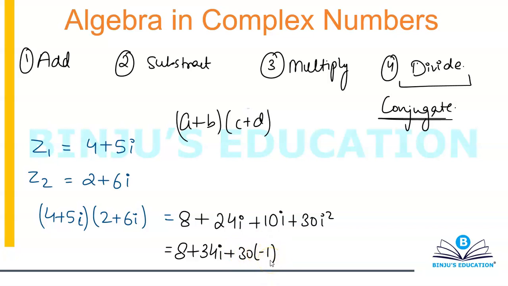What is 30 into minus 1? Minus 30. Minus 30 and plus 8 is minus 22. So this is minus 22 plus 34 iota. And that's your answer. So addition, subtraction, multiplication are quite simple. Nothing fancy about it. Let's come to the division part. That's important.